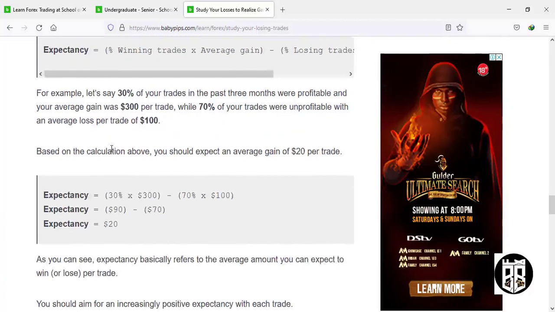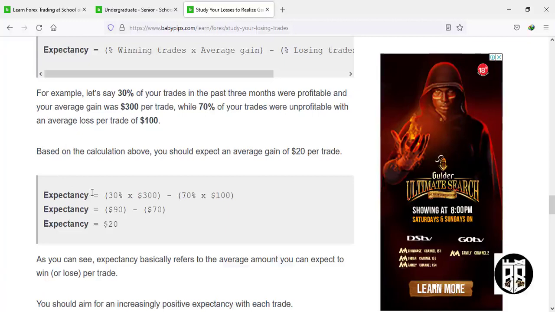For example, let's say 30% of your trades in the past 3 months were profitable and your average gain was $300 per trade, while 70% of your trades were unprofitable with an average loss per trade of $100. Based on the above calculation, you should expect an average gain of $20 per trade.